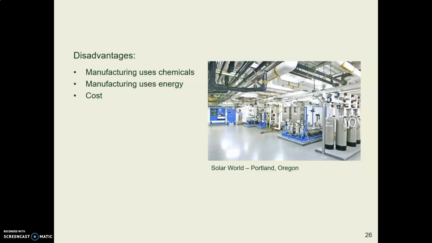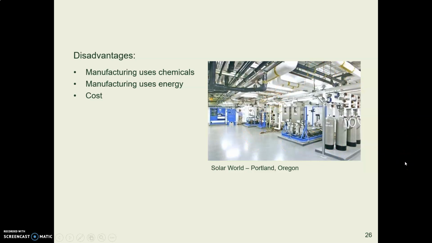One disadvantage of solar cells is that they use a lot of chemicals in their manufacture. Think about the chemicals, sulfur, I can't remember, all the chemicals that are used in manufacturing computer chips, going through these pipes.